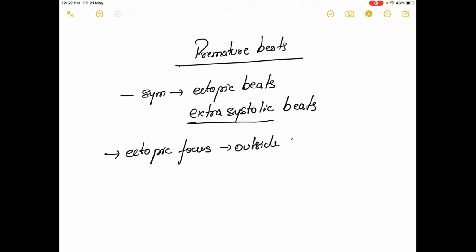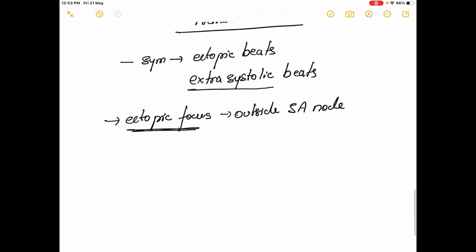It is not from the SA node, it is from somewhere else, so it is called an ectopic beat. And this beat comes prior to the next sinus beat, hence it is called a premature beat.